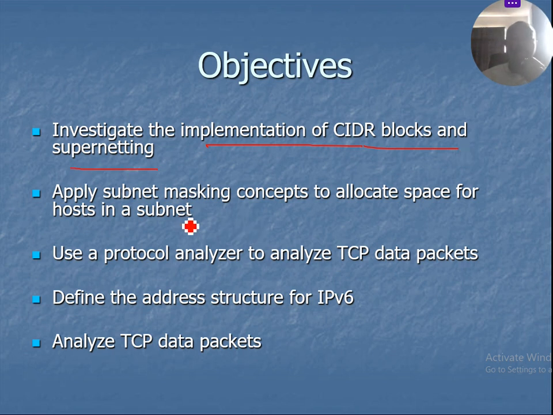supernetting. After that, we look at how to apply the subnet masking concept to allocate space for hosts in the subnet. Then we look at protocol analyzers, and how we can use them to analyze our TCP data packets, any data that is transmitted using the TCP/IP system.